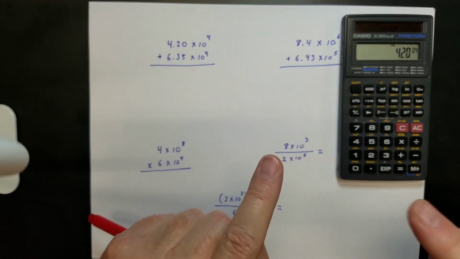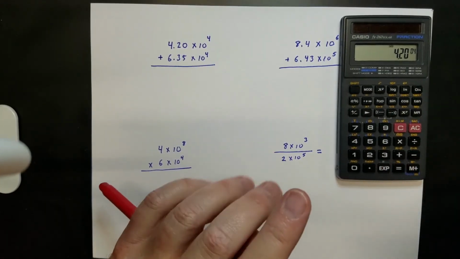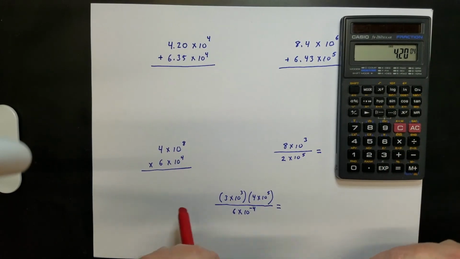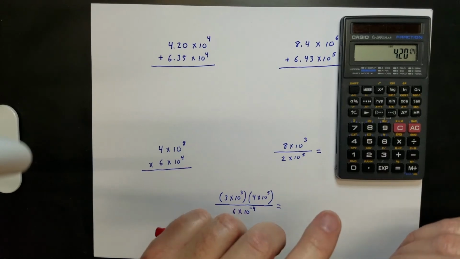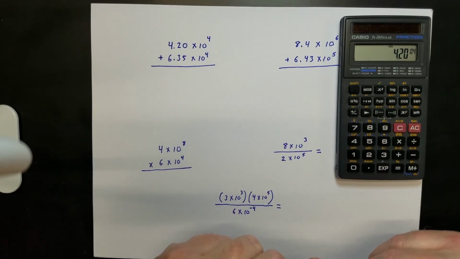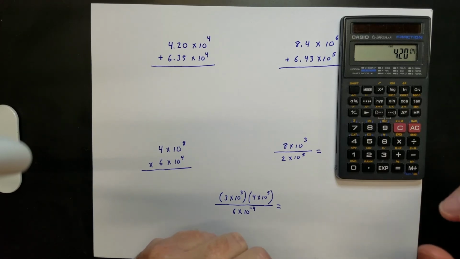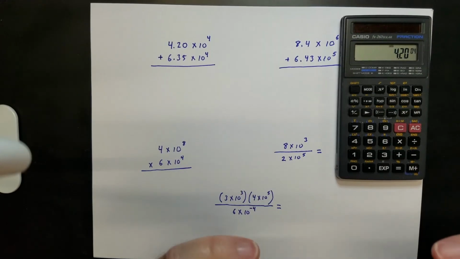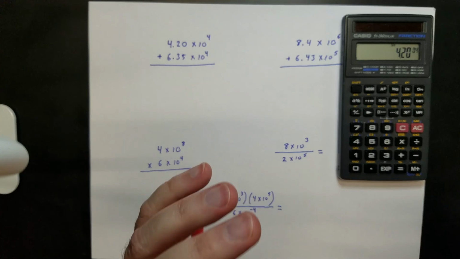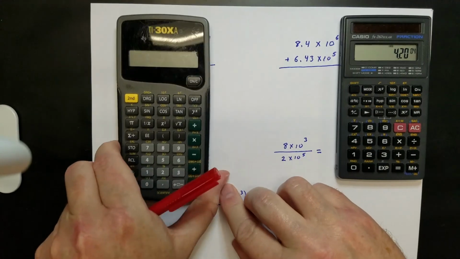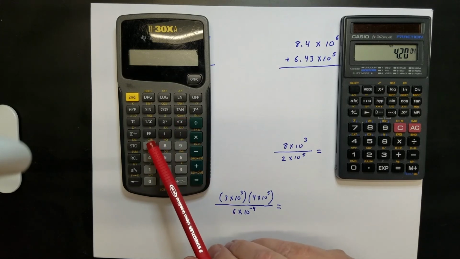If you use the whole times 10 and use the caret thing, that works fine if you're just multiplying. But if you're going to do division, or if you're going to do some more higher order mathematics, like maybe square it or take a square root, then unless you're really good with parentheses, the calculator's not going to keep that as one number. But if you use the EXP, or with the Texas Instruments, they have an EE button.